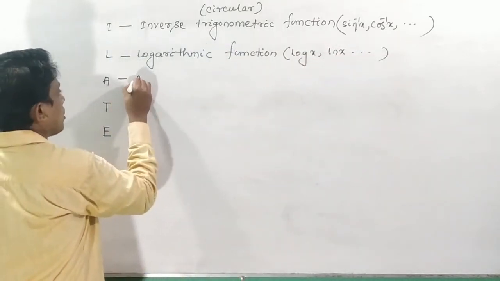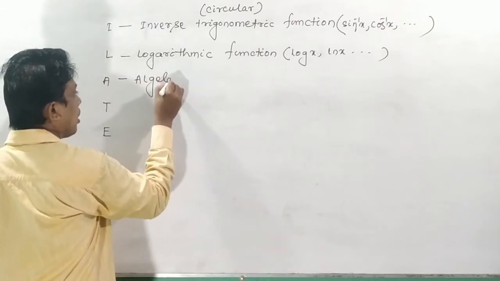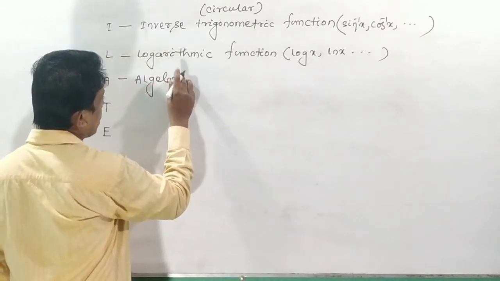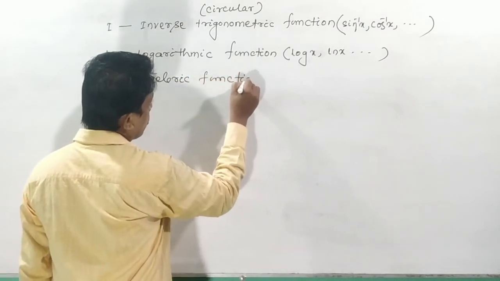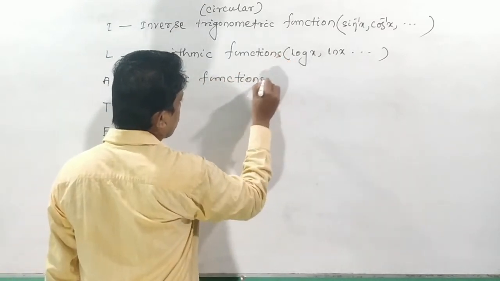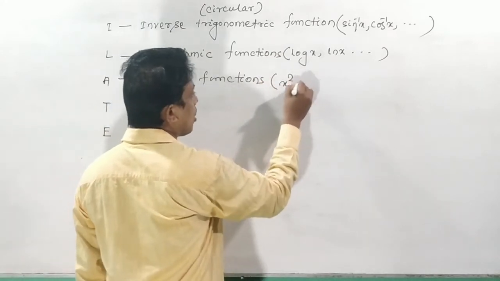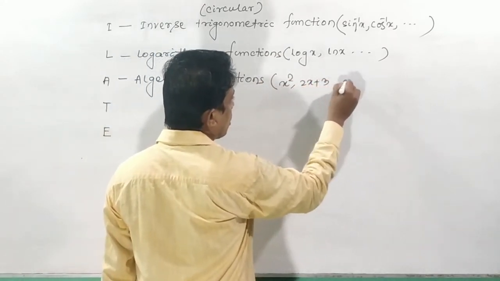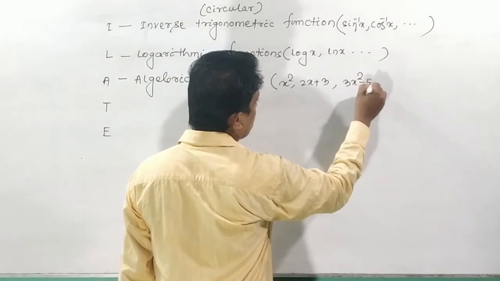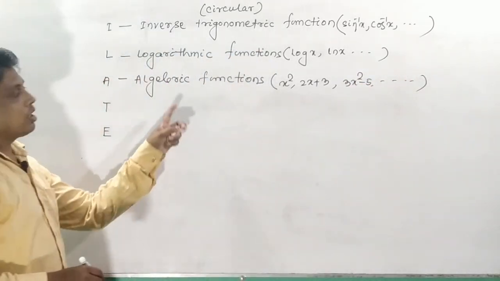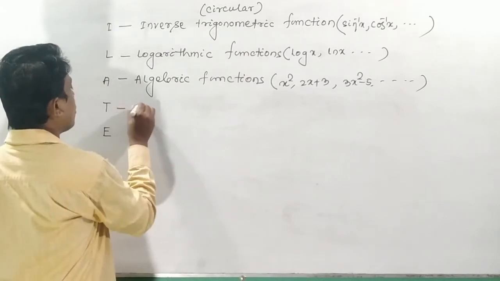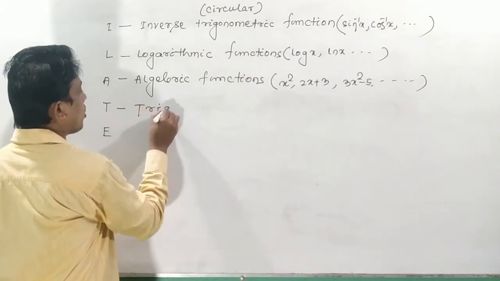Then A is your algebraic function. A stands for algebraic function. So what are algebraic functions? x square, 2x plus 3, 3x square minus 5, etc. Any polynomial here is an algebraic function. Then T is your trigonometric function.